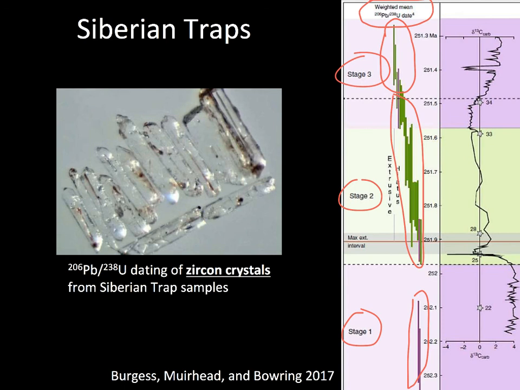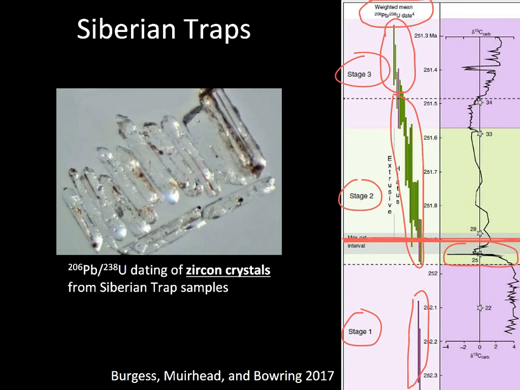And you can see the relationship between, critically, the stage 2 eruptions and the mass extinction. So this is in the rock record right here where the end of the Permian is. And again, you're looking kind of like down at a pie slice of the Earth. Over here you can see the negative delta C13 excursion. So this would mean that's the point where plants are dying off in a precipitous fashion.